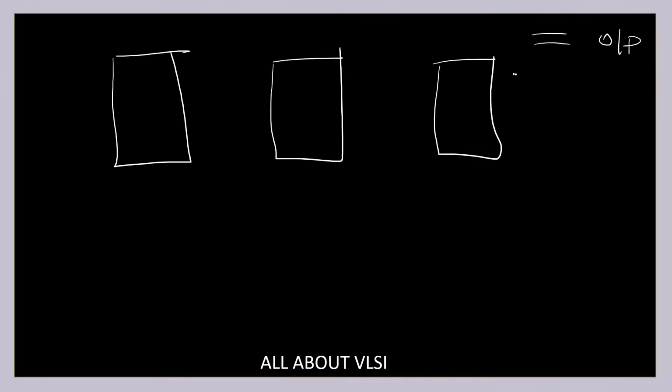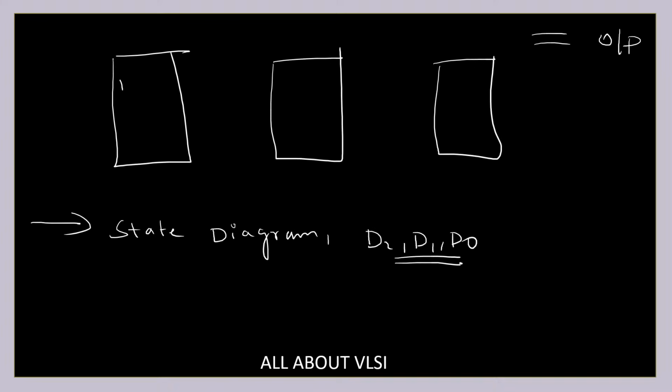So you need to have the state diagram first. For drawing your logic diagram, you need to have the state diagram and you need to select your flip flops and you need to come up with your D2, D1, and D0 Boolean expressions in terms of Q2, Q1, Q0, and your input. And you're also going to find out your output expression.